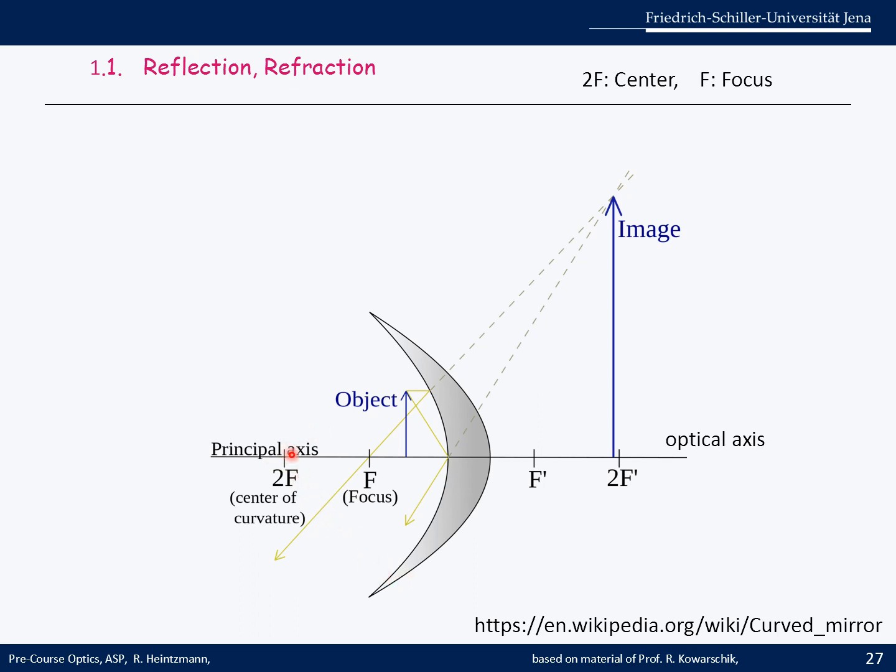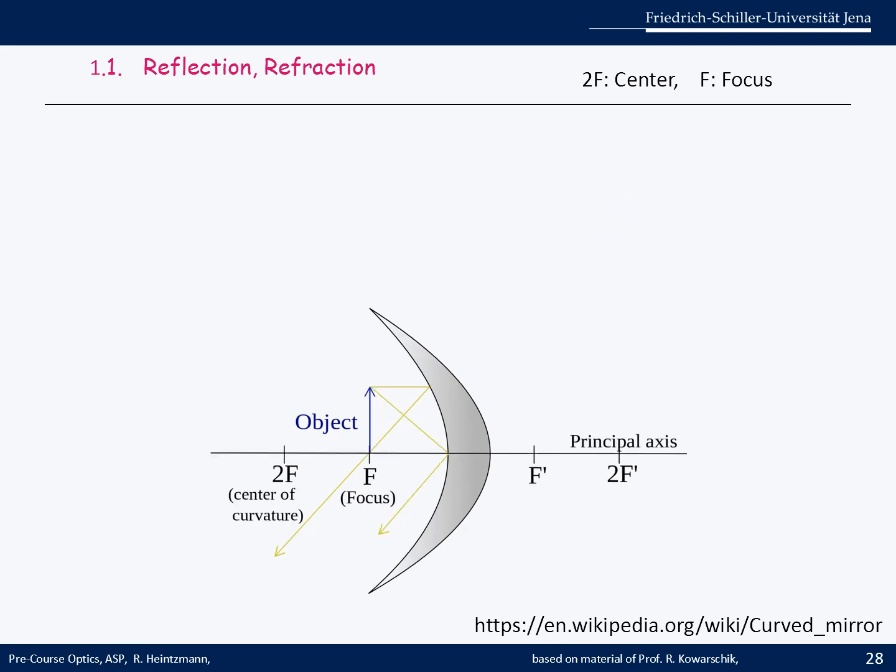So that's an interesting effect, that curved mirrors always have a center of curvature and a focus, and they are different in distance by a factor of 2. So if we now move the object to a different position, we actually see that this graph here doesn't show an object.